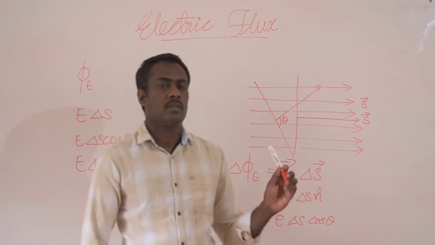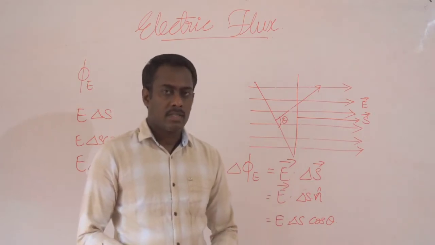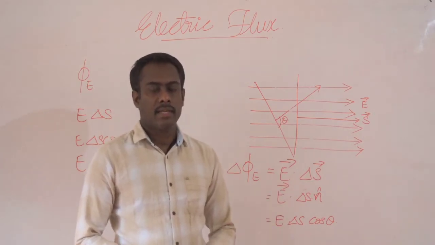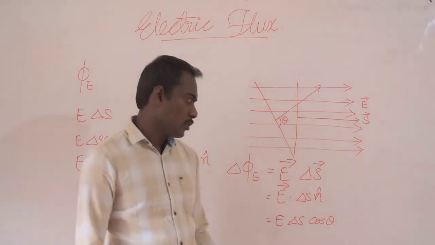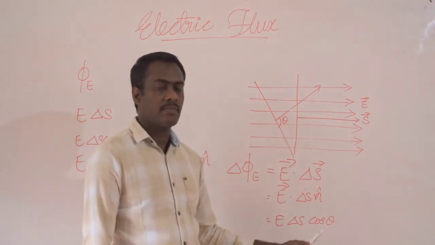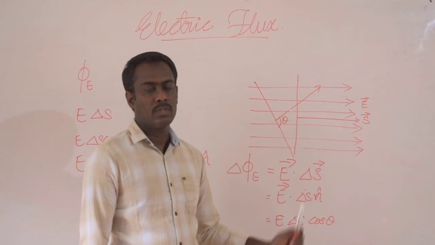Thus, electric flux associated with an area element is proportional to the number of electric field lines cutting through that area element.